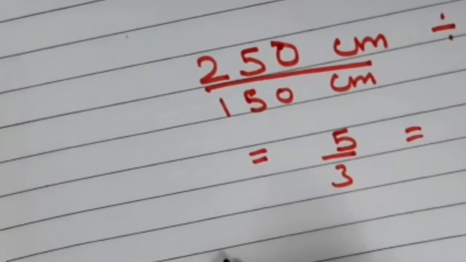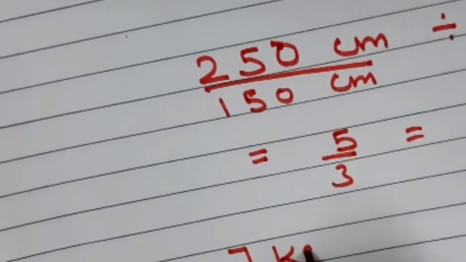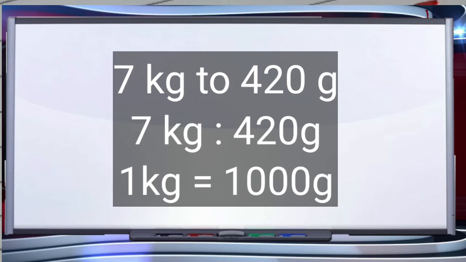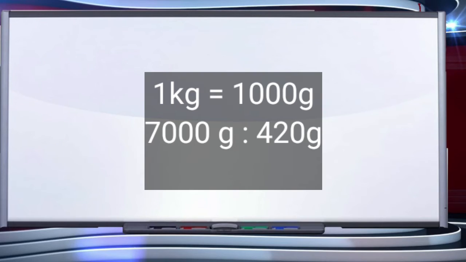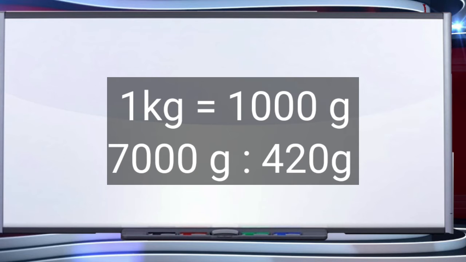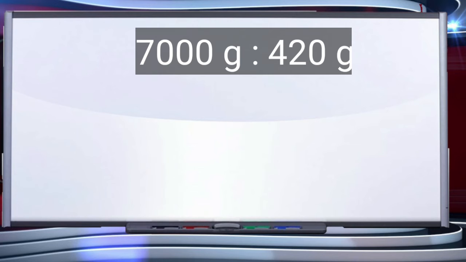Now one more part I'll do. Second part, it is 7 kg to 420 grams. Again you can see the units are not same. So you will make the units same. Here I am converting this kg to grams. So you know 1 kg is equal to 1000 grams. So I'll multiply this 7 by 1000.